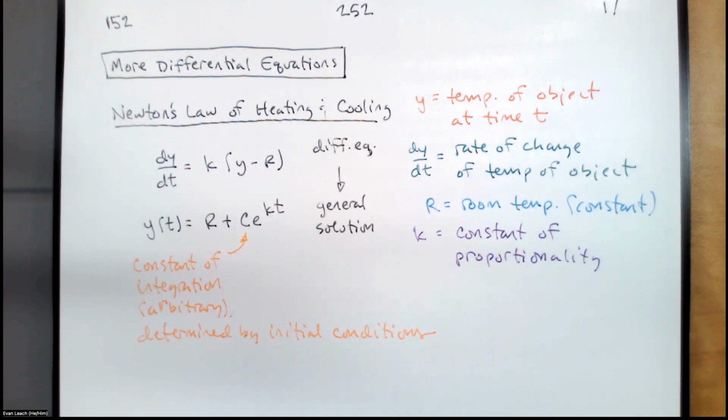If you put a huge pot of water on the stove to boil, it will take a long time for the water to start boiling because the water is resistant to changing temperature. It does not want to change temperature. So we're going to need extra information to figure out what the constant of proportionality is. I'm going to need two different values. But the constant of integration is determined just by the initial conditions.